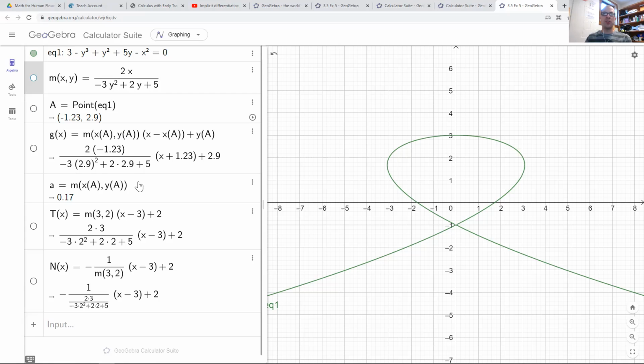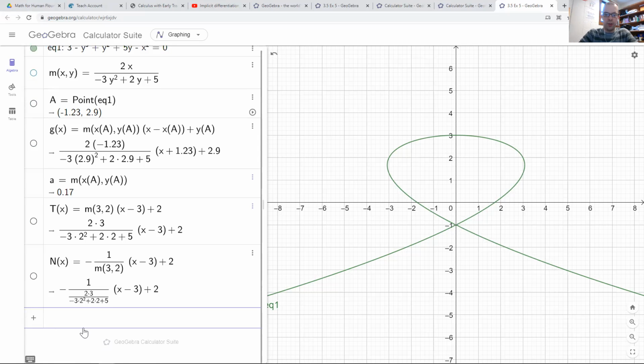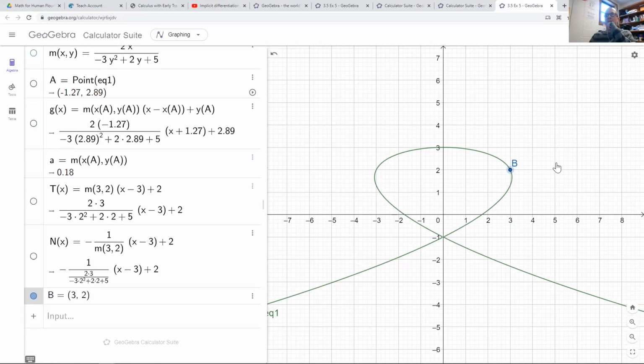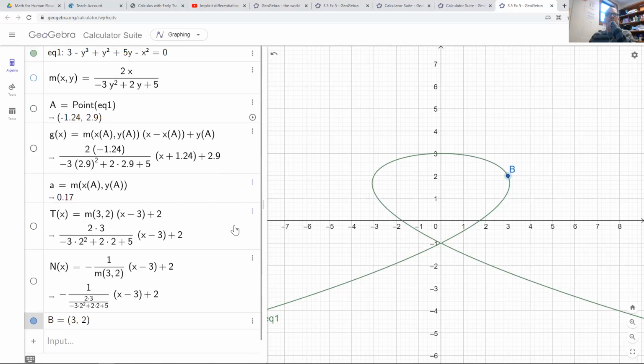Okay, so what we wanted to verify is that at this point, where we have the point (3, 2), the slope of the tangent line at this point would be -2.